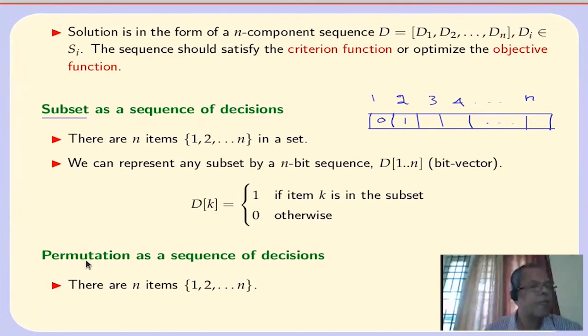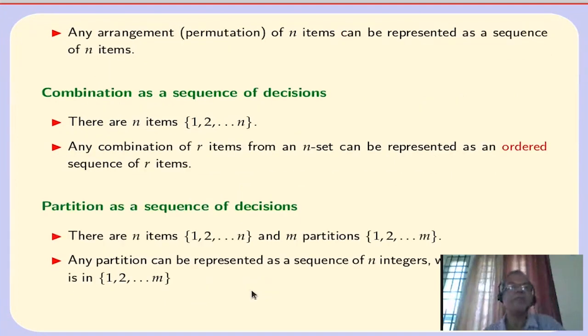Permutation is another example of a combinatorial structure. We can view a permutation as a sequence of decisions. There are n items, 1, 2, 3, and so on, n. A permutation is only a rearrangement of the n items. Any arrangement, permutation of n items can be represented as a sequence of n items.